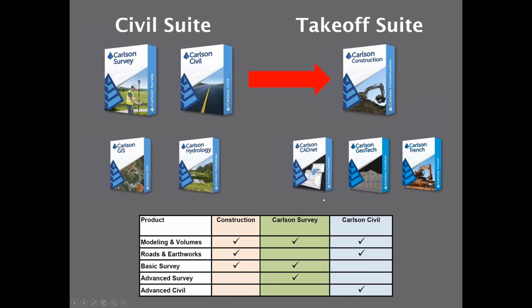What CADnet lets you do is get paper plans or electronic copies of plans, so PDF files or images of your sheets, into CAD. So Carlson CADnet lets you do the digitizing, or if you have images that have been created from a CAD file, sometimes you can just extract the CAD file back out of that PDF or that image.